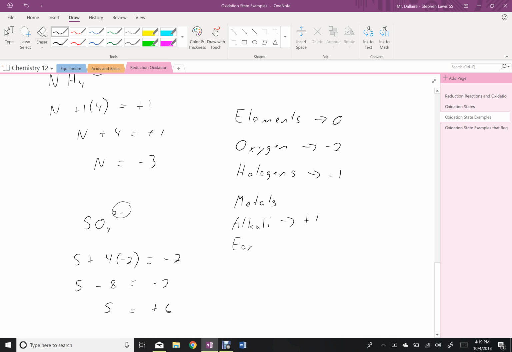Earth alkali, plus 2. Multivalent is whatever their valence is. Trying to think if there's any other ones in there. Oh, and hydrogen. I nearly forgot him again. And he is almost always plus 1, but can be minus 1 when in compound with metals.